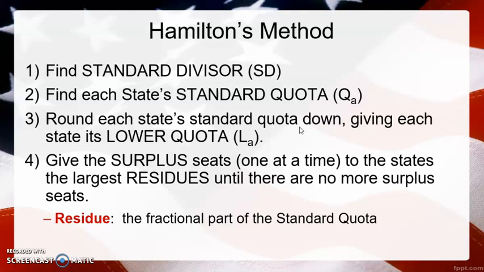Any that are left over are considered surplus seats, and we're then going to start awarding those surplus seats one at a time to the states that have the largest residues, or largest fractional part, or largest decimal part of their standard quota, however you want to think of it. And we're going to keep doing that until there is no more surplus.